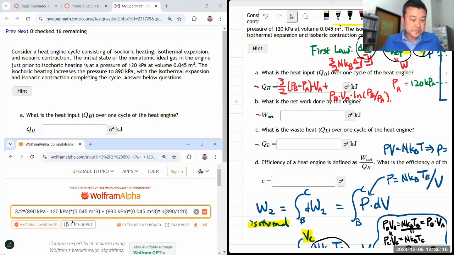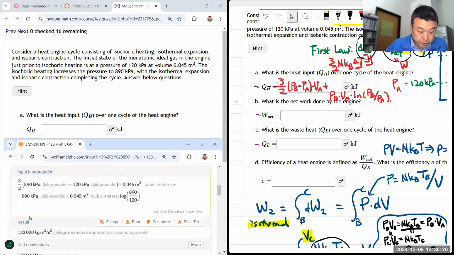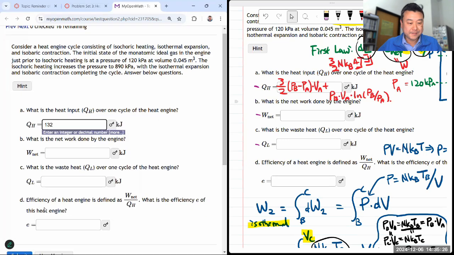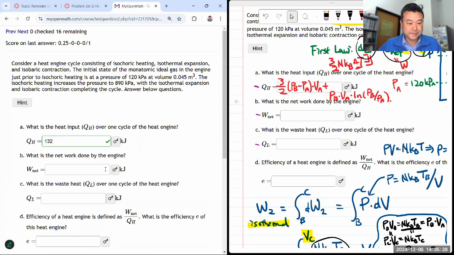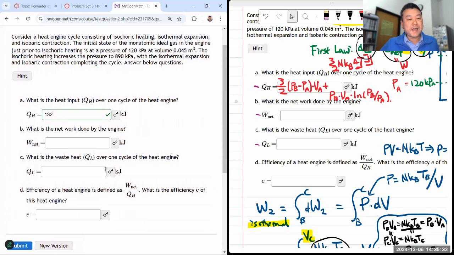Units will just cancel. So that should give me some numerical value in kilojoules. Kilojoules, 132. Let's hope that this is correct. Good. Let's keep going.